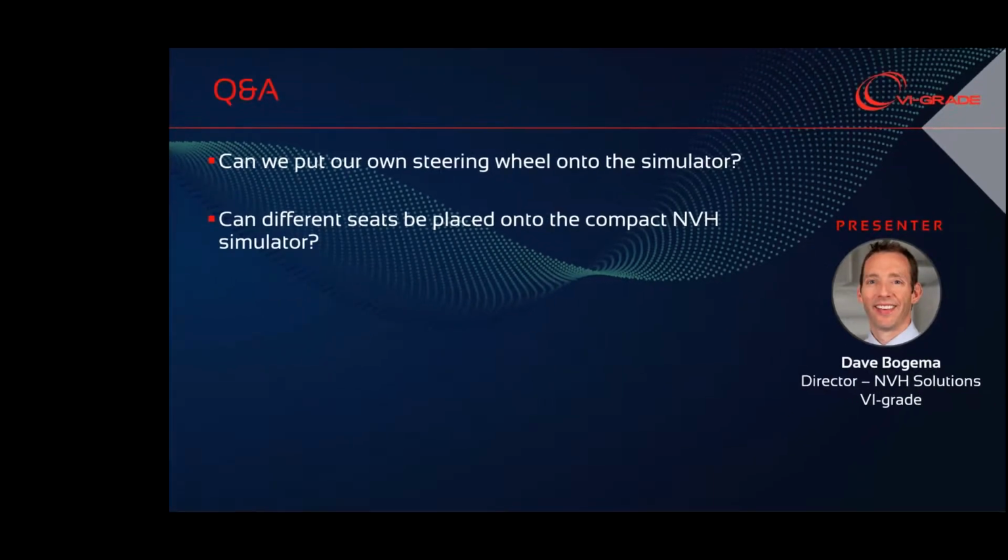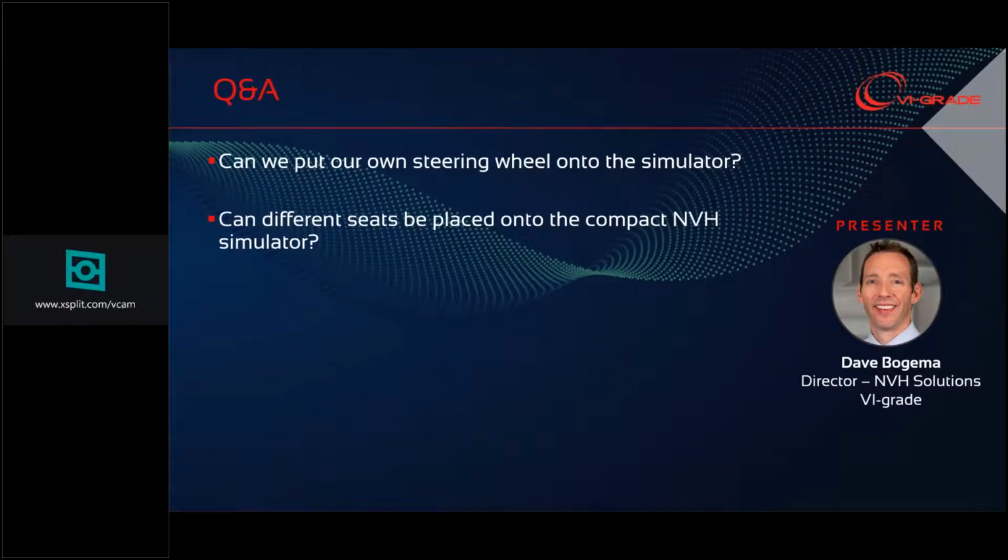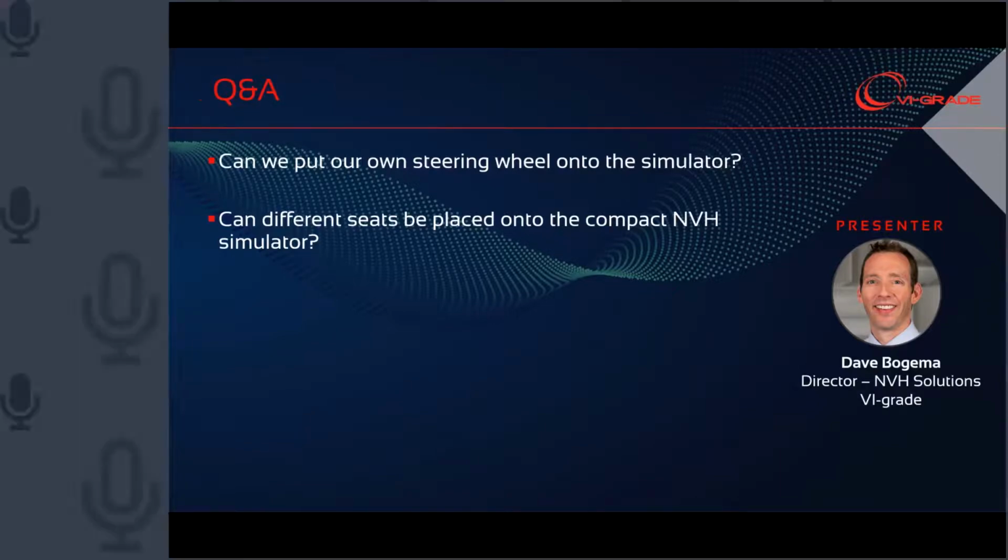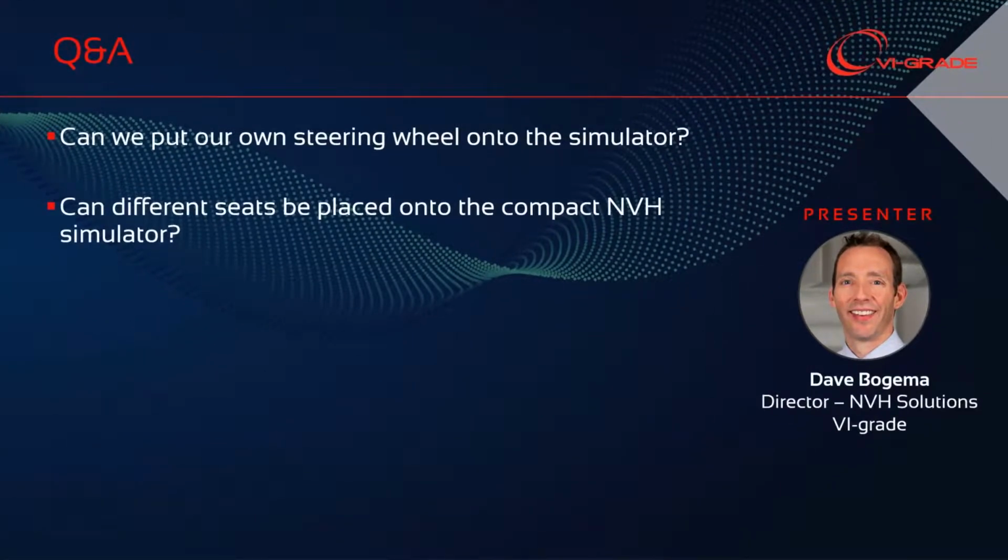Good. So another question here: can different seats be placed onto the compact NVH simulator? Again, I can understand why somebody might want to do that, but in reality, what we've done is we've designed a seat that is very special, and it basically will emulate any seat that you want to.